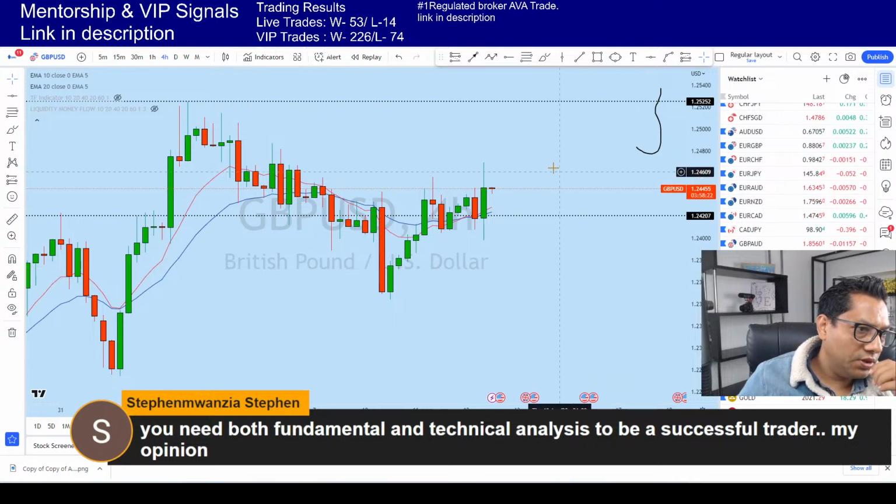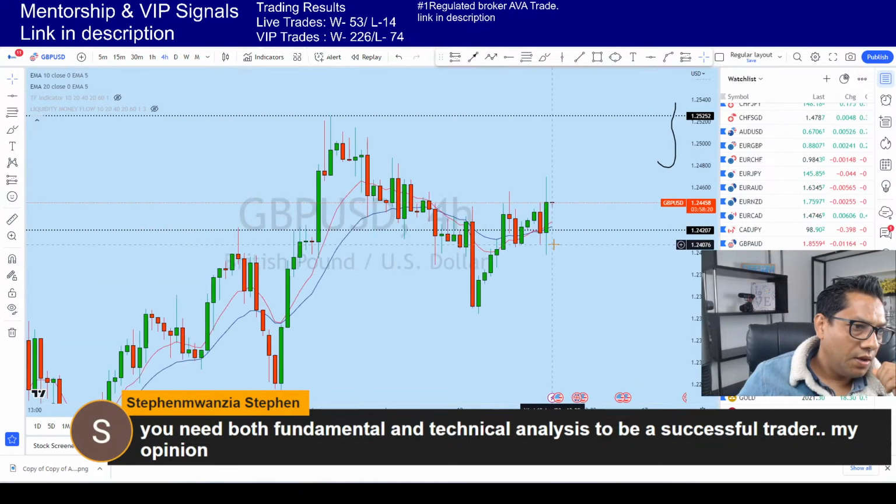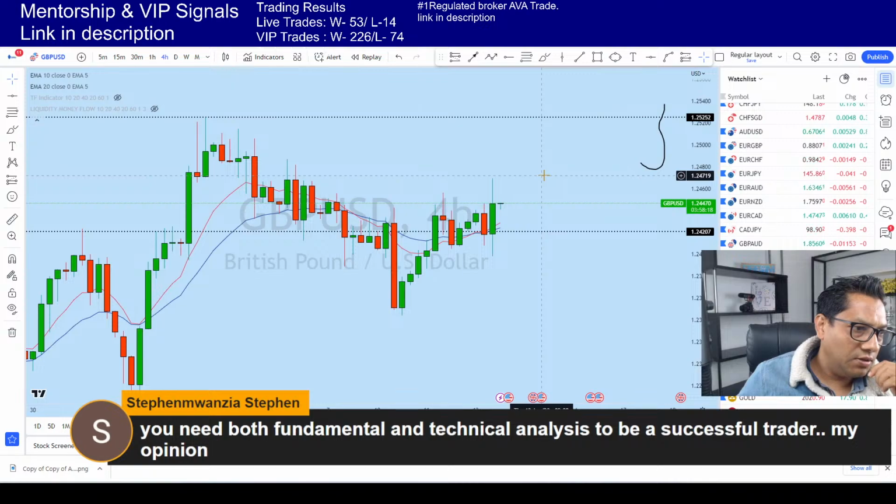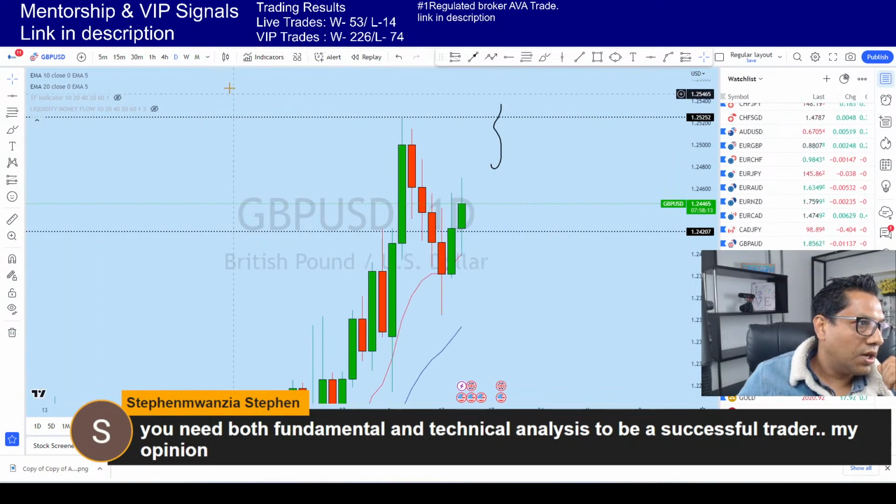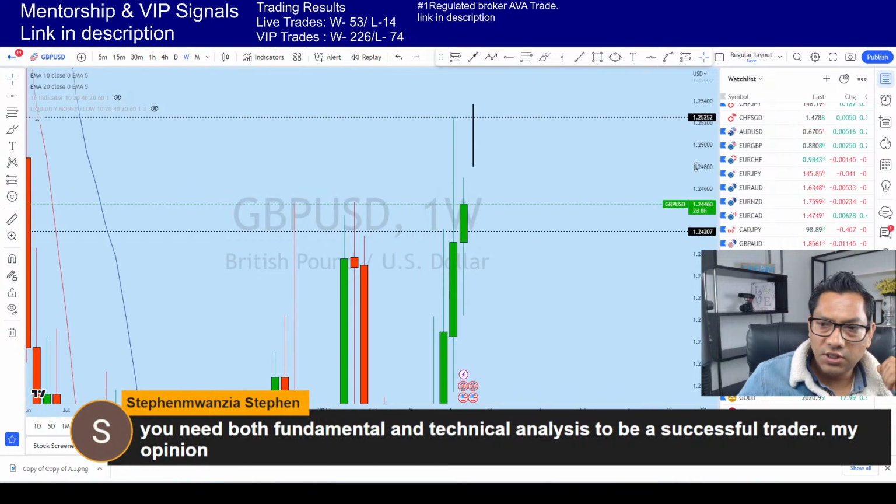Okay, so GBP USD, you can see this is a big bullish candle to the upside on GBP USD. Let me look at the daily. Yeah, so looks like all those instruments now change their direction.